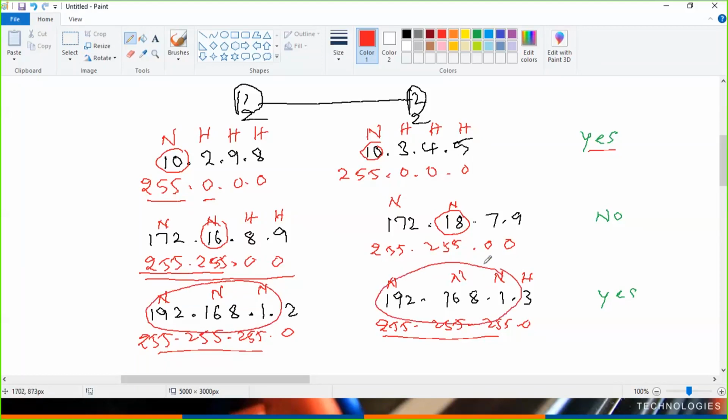Even if both are in the same class, if the network portion is different, they don't communicate without a router. It doesn't matter what the classes are here, the only thing that matters is the network portion. So this is all the logic to understand in an IPv4 address.